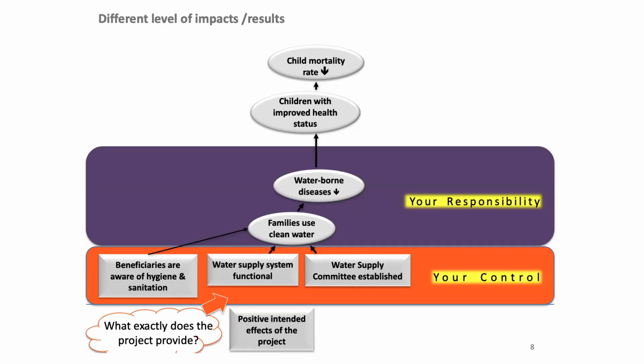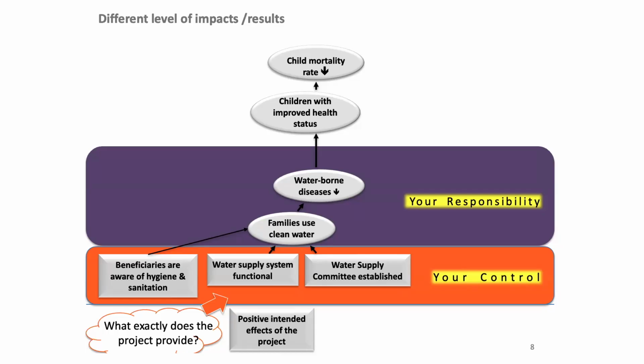Therefore, they need to know whether beneficiaries apply their knowledge on hygiene measures, whether the household members fetch water at the new water supply system and they do not use the river water anymore for drinking purposes. And one has also to check whether the water supply committee is really managing the water system properly. All this is now a major point of monitoring.